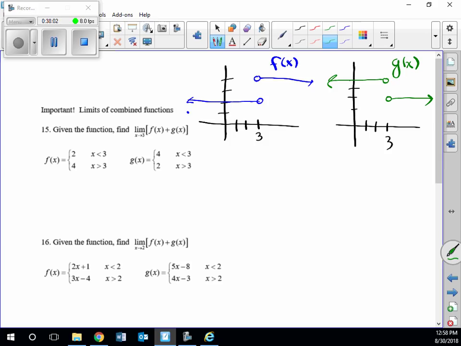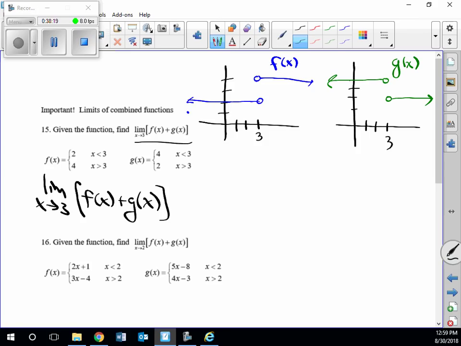But what if I add the functions together? So notice they say find the limit as x goes to 3 of f of x plus g of x. So let's rewrite that down here. Now, remember what I said earlier about trying to distribute the limit? I said this on your homework.